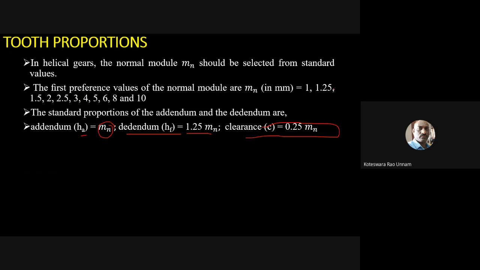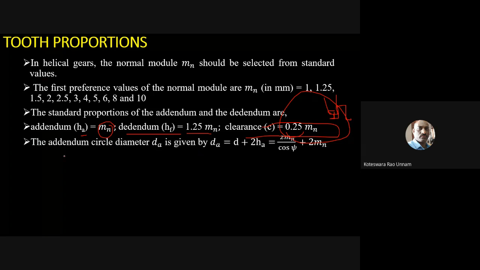When two teeth are meshing with each other, there is a gap between those two teeth, between the top of the tooth and the root of the gear. So here we have two teeth which are in mesh, something like this. This gap we call the clearance. That clearance can be taken as 0.25 times the normal module. That is the important point.